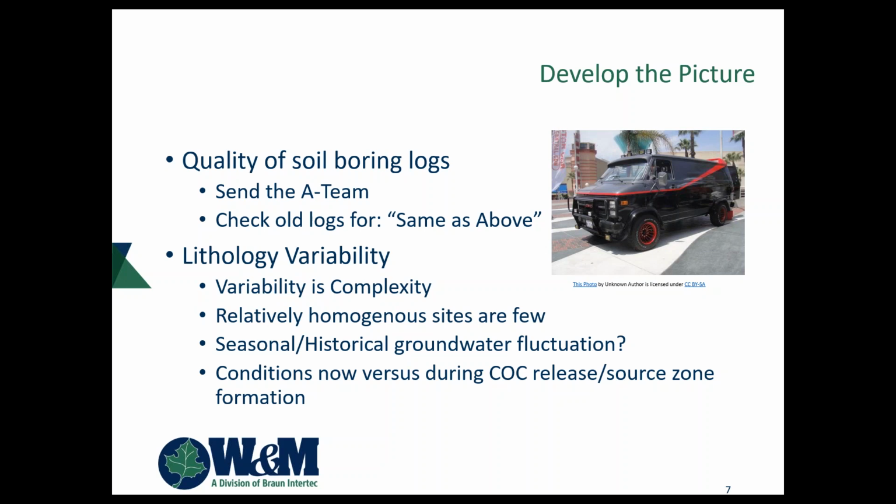So we want to make sure we can really count on the data that we're getting, and double check historical data that we're using. If we're out there for another reason, can we get the A-team geologist or geoscientist out there and see how one of the logs that they worked compares to some of the older stuff, and use that to QC some of the other things that you're leaning on.